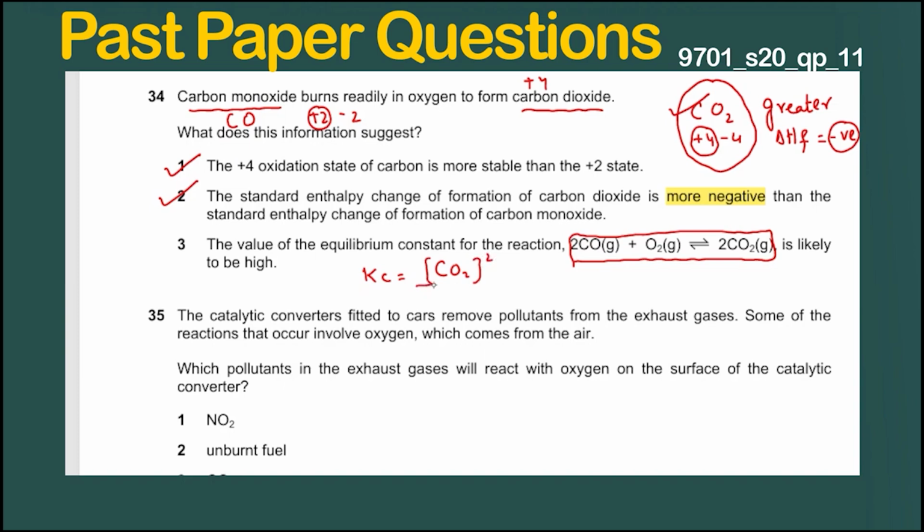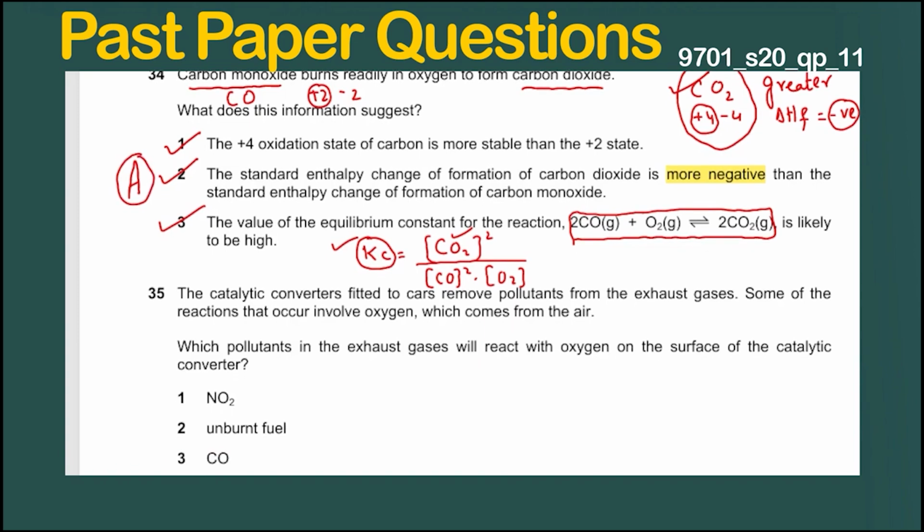We have 2 moles of carbon dioxide here, 2 moles of carbon monoxide, and there is 1 mole of oxygen. So this must be the expression. So when more carbon dioxide is produced, obviously Kc value will increase. Value of equilibrium constant, that is actually Kc. So third statement is also correct. So A must be your answer.